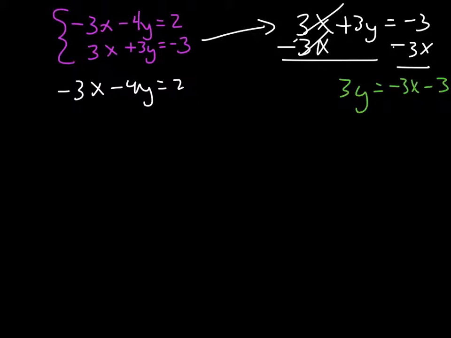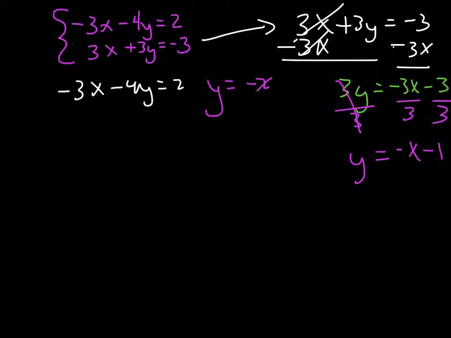I'm then going to divide everything by 3 to get the y by itself. And I end up getting y equals, negative 3 divided by 3 is negative 1x, and then negative 3 divided by 3 is a negative 1. Now, I have y equals negative x minus 1.